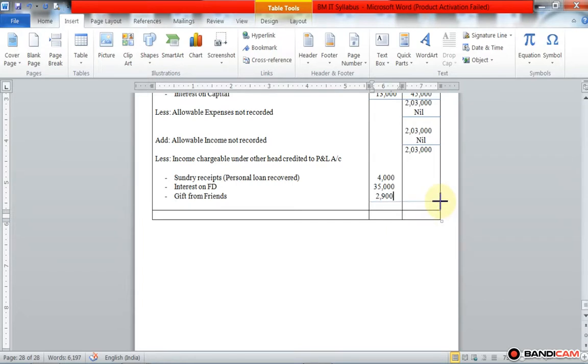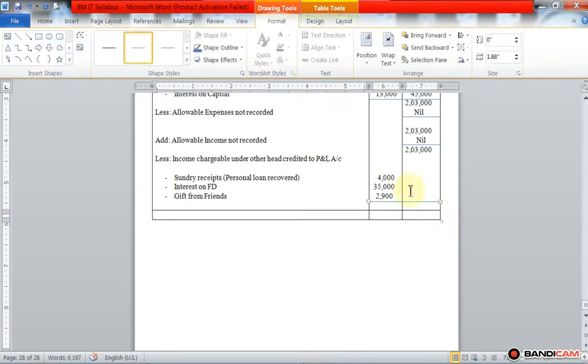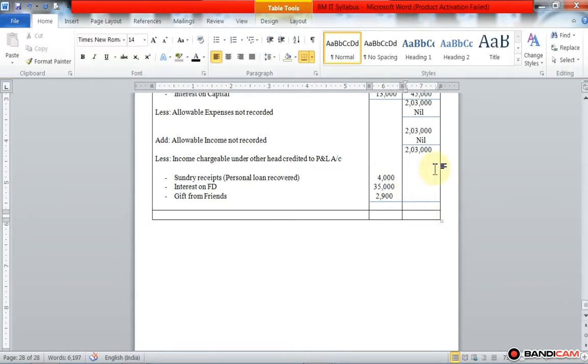Deduct this other income from net profit. So 41,900 is deducted from 2,03,000. We get 1,61,100 as the total income from business.